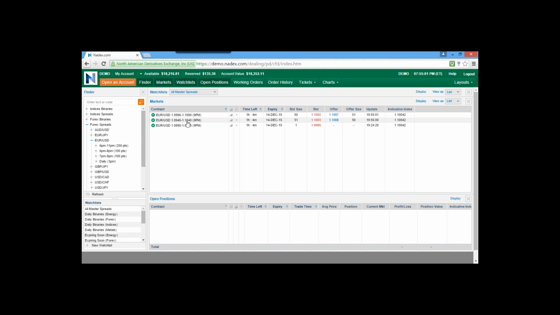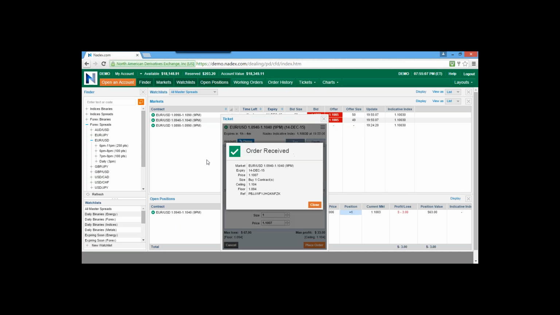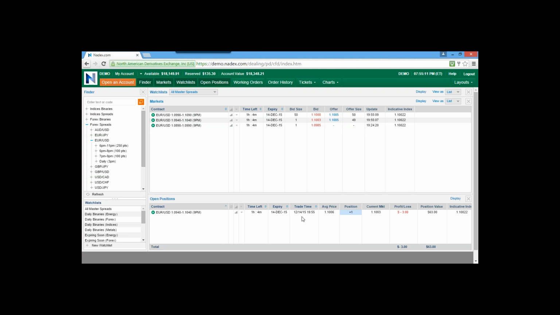It was above it. Okay, so what's my point of that? Well, see right there? It went down to it's filled. So if I place an order to buy something or sell something for a certain price, but the market's not at that certain price yet, it's going to sit in working orders until the market gets to that price.